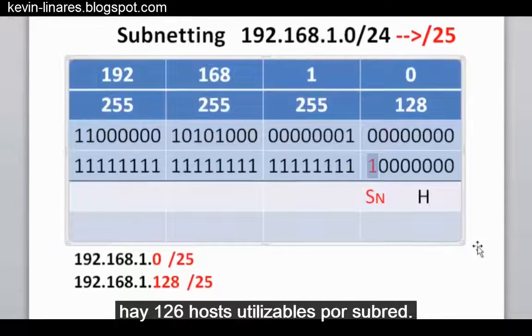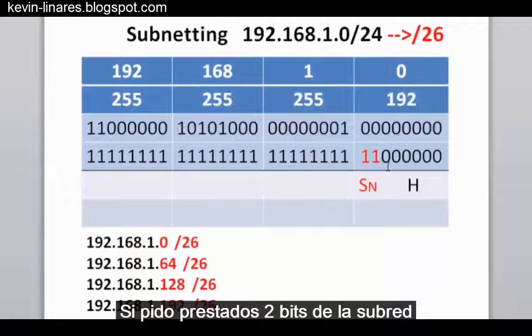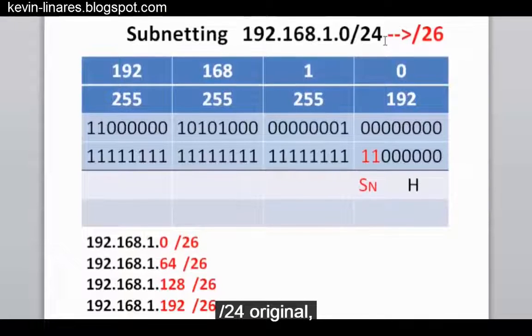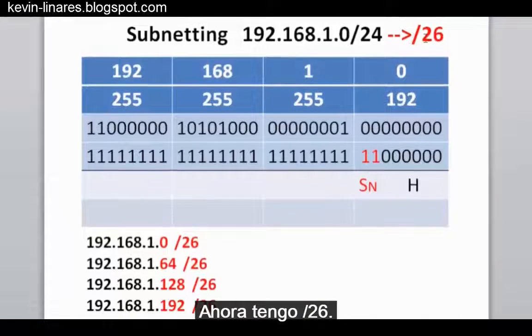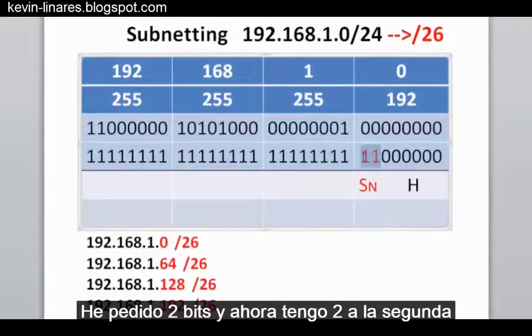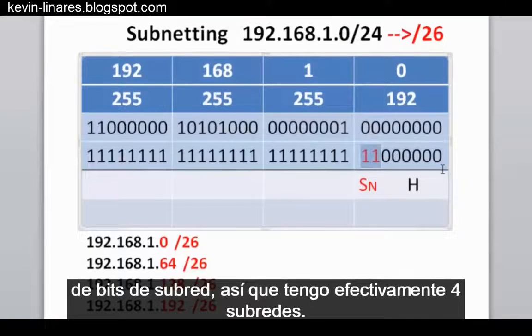We have 7 zeros here, and 2 to the 7th power is 128, minus 2 makes 126 usable hosts per subnet. If I decide to borrow 2 subnetwork bits from the host portion of the original 192.168.1.0/24 network, I now have /26. I've borrowed 2 bits, so I have 2 to the 2nd power of subnets, effectively 4 subnetworks.